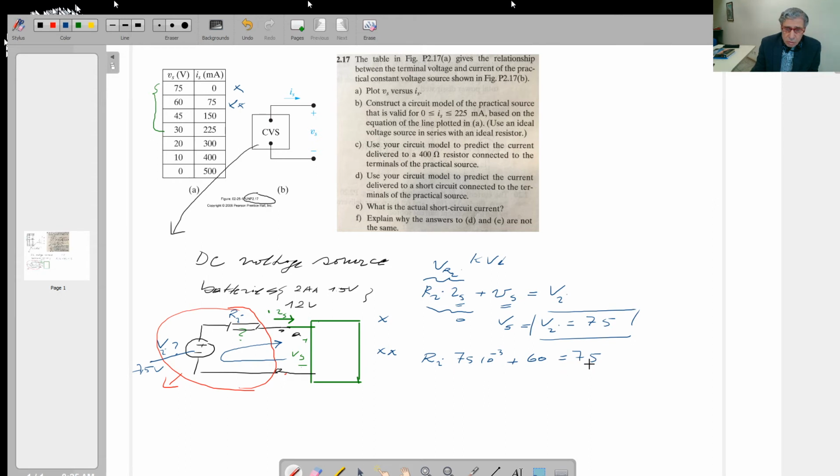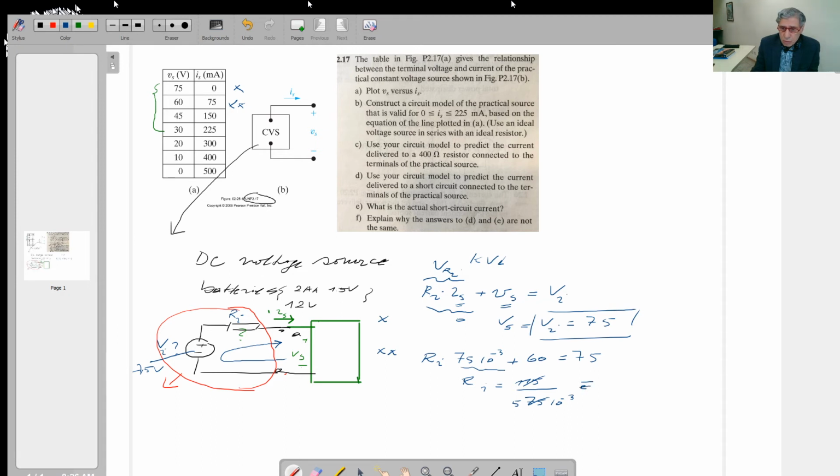So what this is going to end up with, RI is equal to, if I move this 60 to the right hand side, it's going to be 15, isn't it? 15. If I divide it by 75 times 10 to the power minus 3, that gives you 1 over 5.